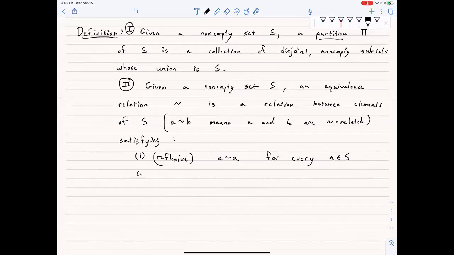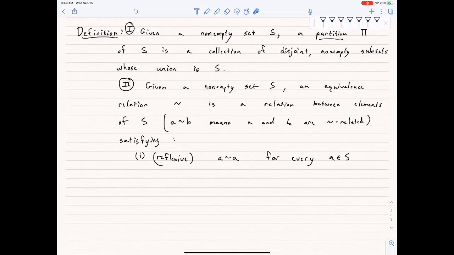Yes, please. Okay, let me back up and then I'll address your question. What am I defining? Up here, I defined partition. What I'm not defining here is relation. I'm assuming you all have a notion of relation because we use it all the time. We write S is contained in T. That's a relation.